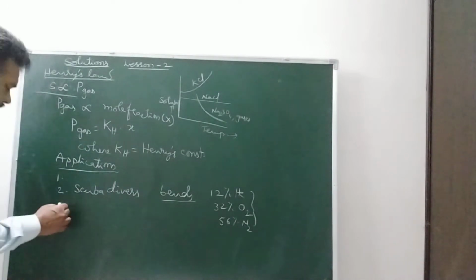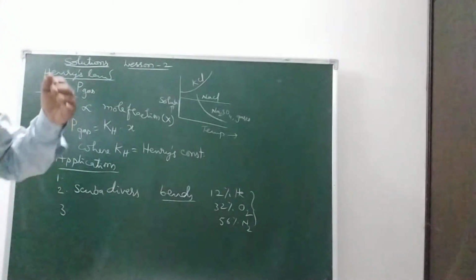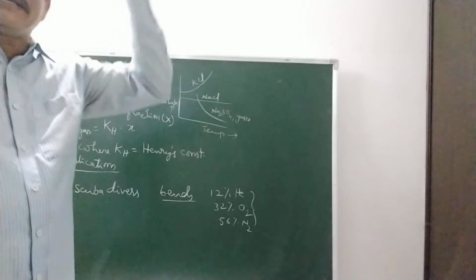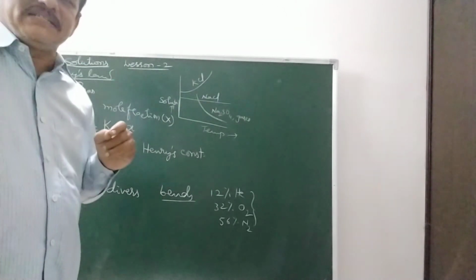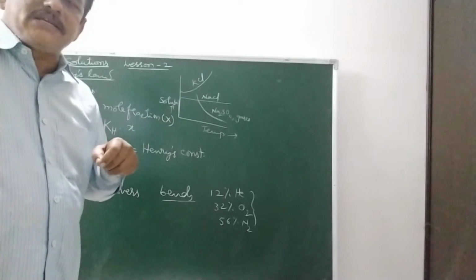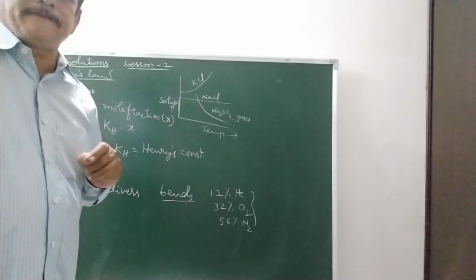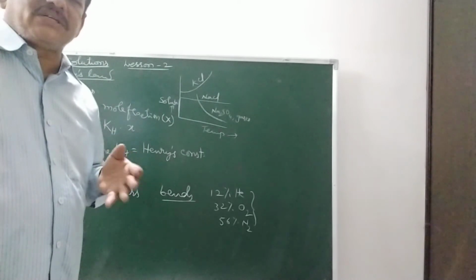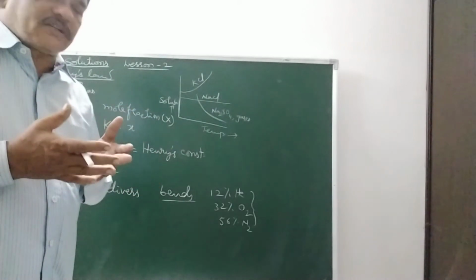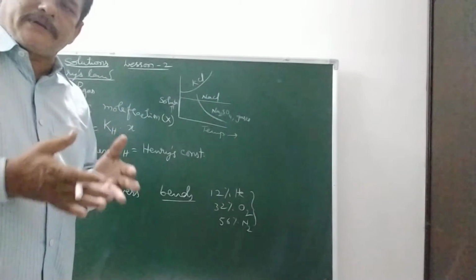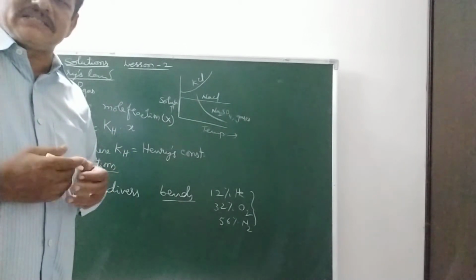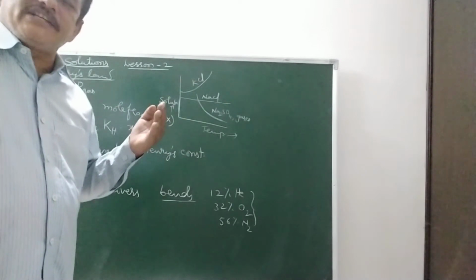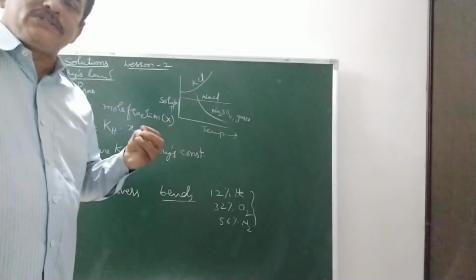In the same way, when a person goes to high altitudes, the pressure decreases. When the pressure decreases, the dissolved oxygen in blood also decreases. When dissolved oxygen decreases, what happens? The transportation of oxygen to different parts of the body decreases, and hence the oxidation of glucose decreases.